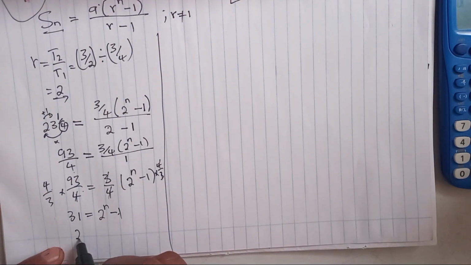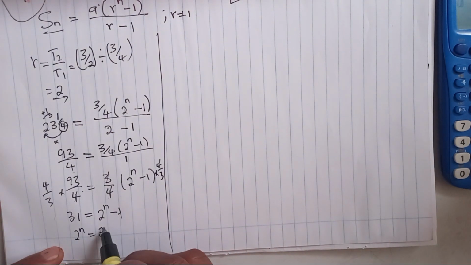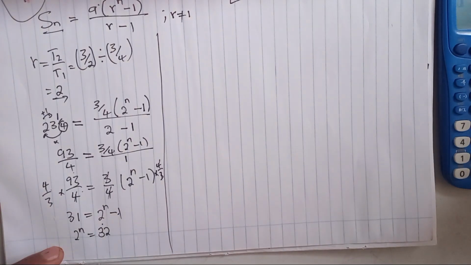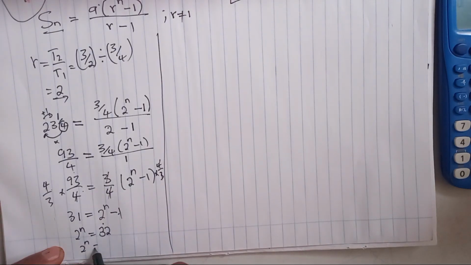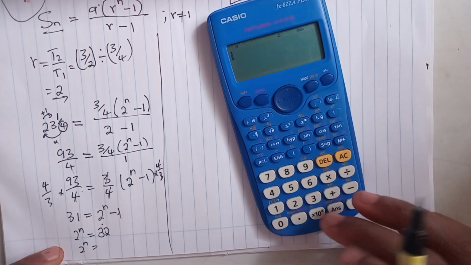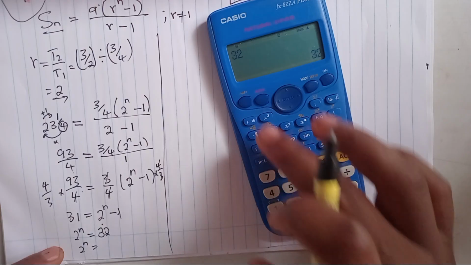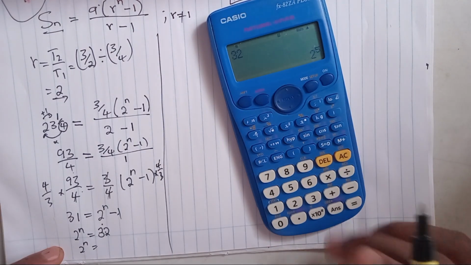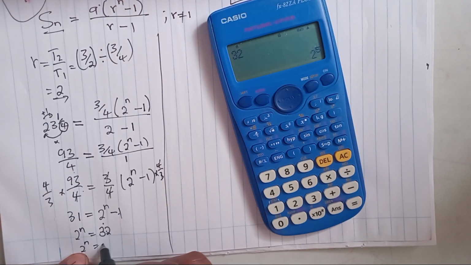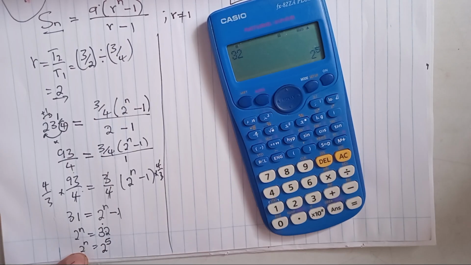You take 1 to the other side, you're going to have 2 exponent n is equal to 32. Again, you can use log, or you can express 32 into base 2, which is 2 exponent 5.